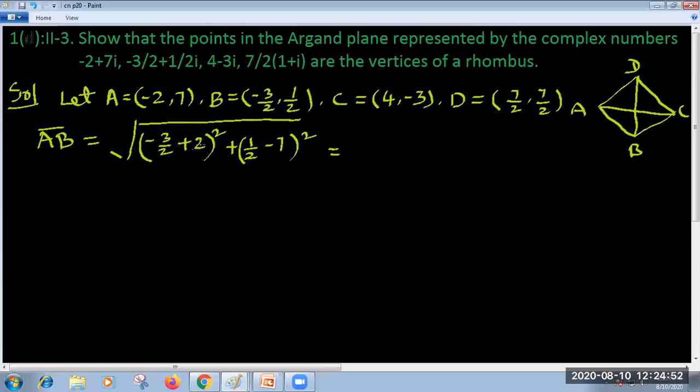Taking LCM, -3 plus 4 is 1 by 2, so this is (1/2) whole square plus, 1 minus 14 is -13 by 2, so (-13/2) whole square.